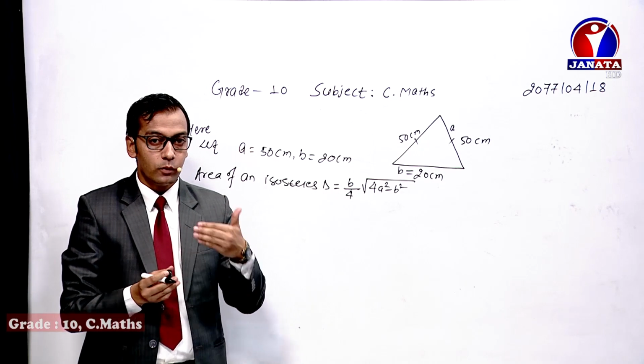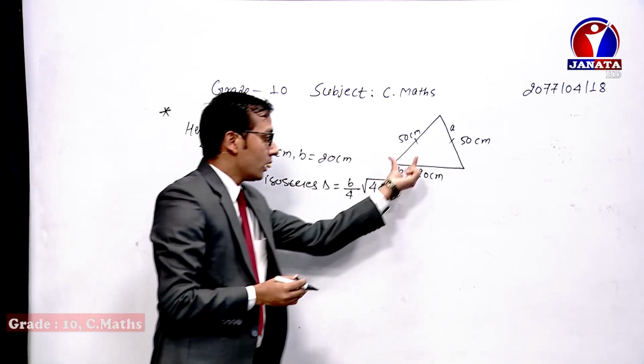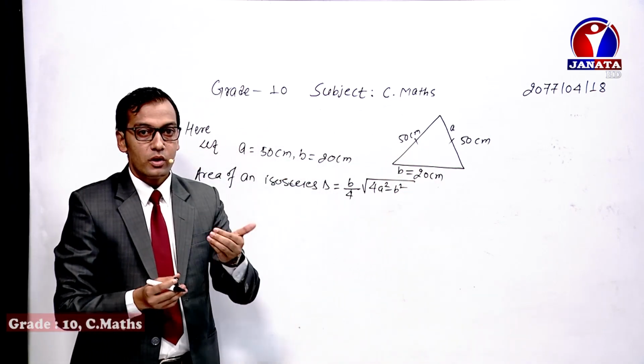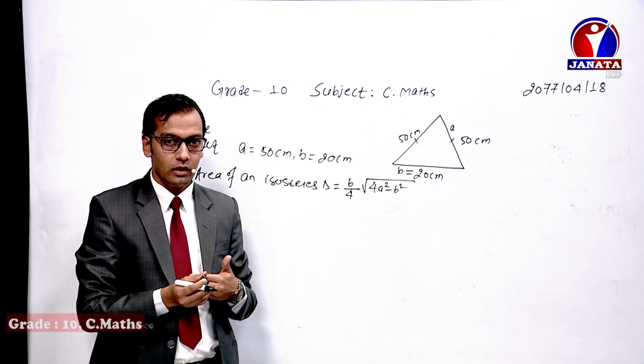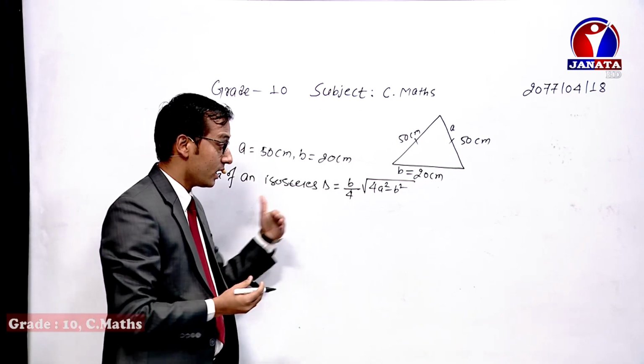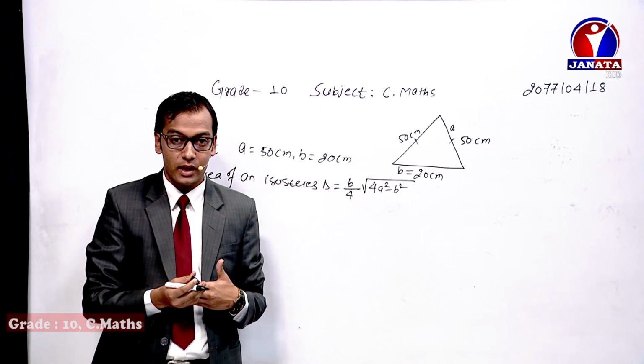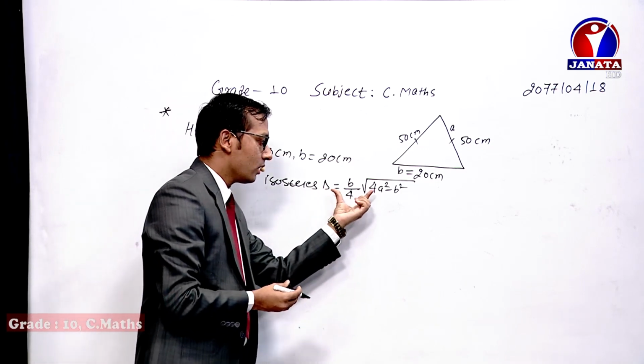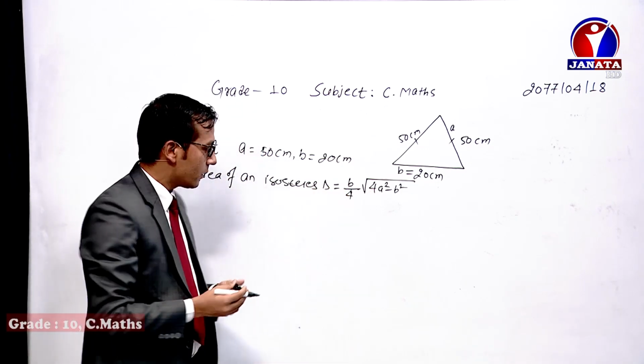There is an alternative way. We can also use Heron's formula, that is, area is the square root of s times s minus a times s minus b times s minus c. But this one is short, that's why I am using this formula.